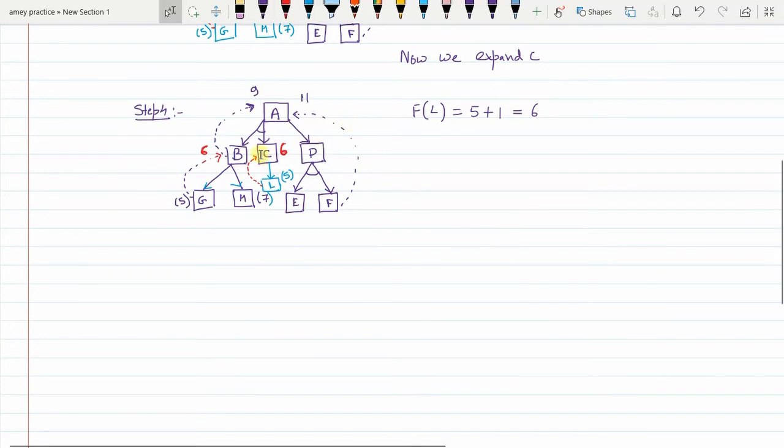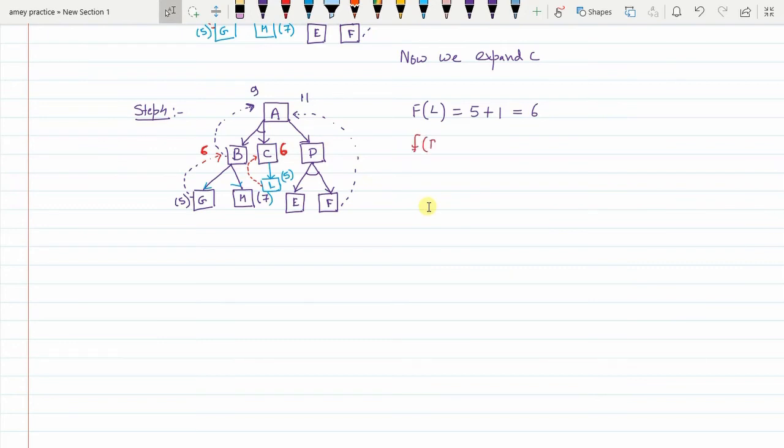So now notice that we have solved B and we got the revised backup f value of 6, and when we solved C, we got the revised backup f value of node C, that is also 6, right? So now B is 6, C is also 6. So now what will be f of BC? We'll have to recalculate it.